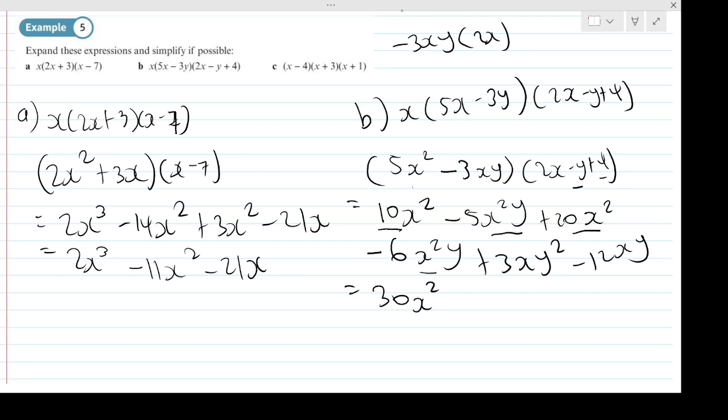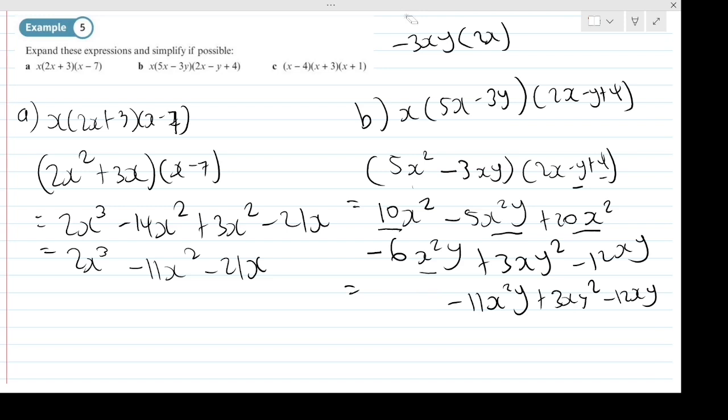So minus 5x squared y minus 6x squared y, that's minus 11x squared y. Then we have an xy squared on its own here, so plus 3xy squared. Then we have minus 12xy. And there we are. That should be simplified. Oh, no. Oh, no.